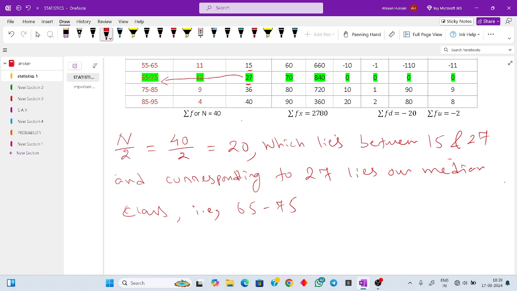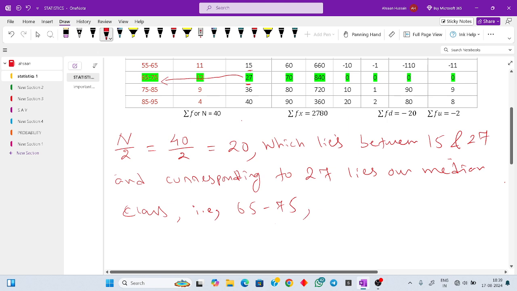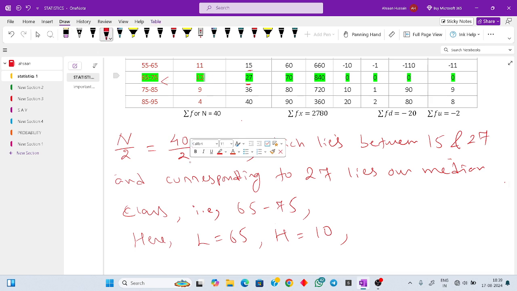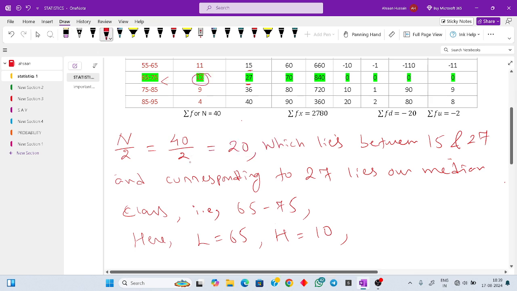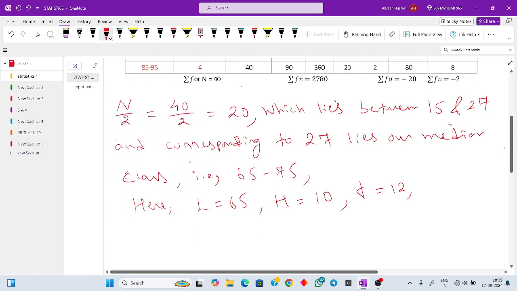Okay. Now we can clearly see that here L is 65, height is 10, the frequency of 65 to 75 is 12, F equals 12.